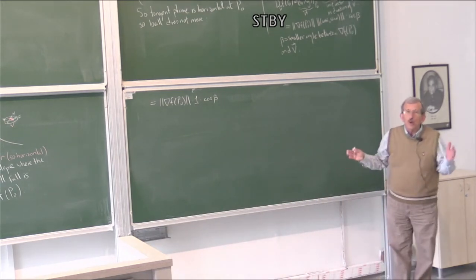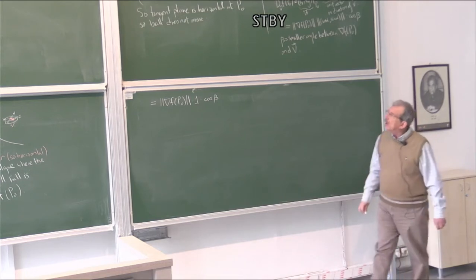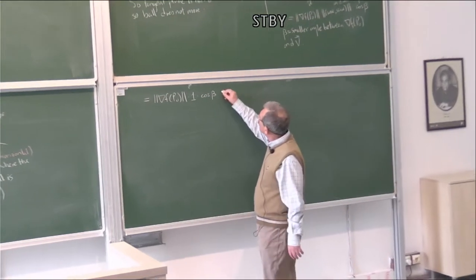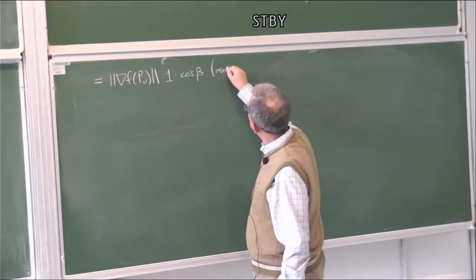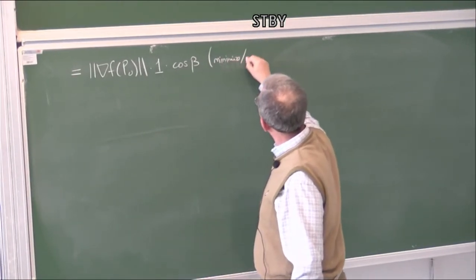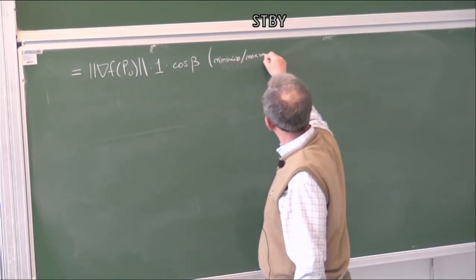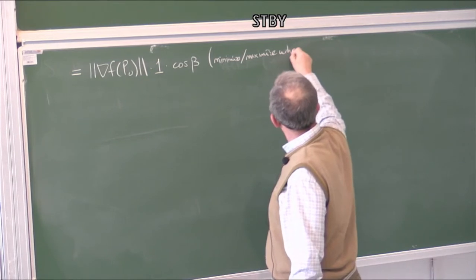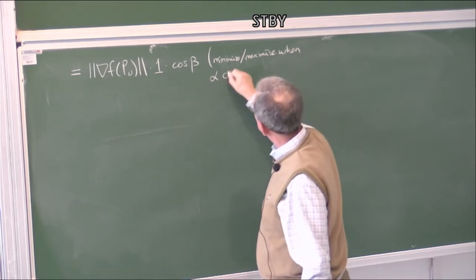Its length is 1. So here we want to minimize and maximize when alpha changes.